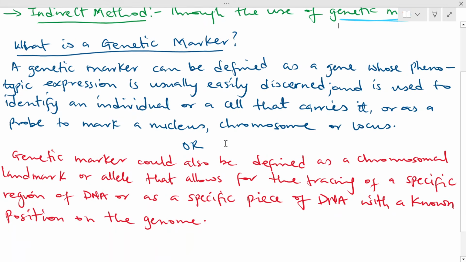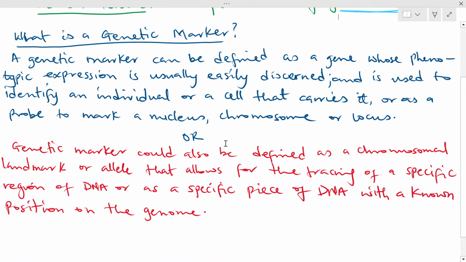Here you can see two ways to know what a genetic marker is. A genetic marker could also be defined as a chromosomal landmark or allele. It's expected that you know at least one of these genetic marker definitions and what they do generally.